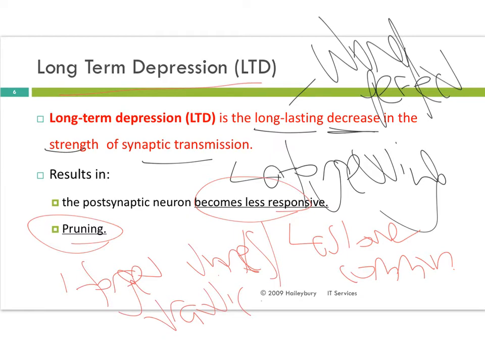So let's say, for example, that you've learnt a skill, you've learnt how to do a backflip, but your technique is all wrong. So how do LTP and LTD interact to allow you to relearn the skill properly? Well, long-term depression is when you have the long-lasting decrease in the strength of the synaptic transmission. So you are not practicing the wrong technique, and so what that results in is that particular skill, the incorrect technique, getting weaker or you forgetting it.